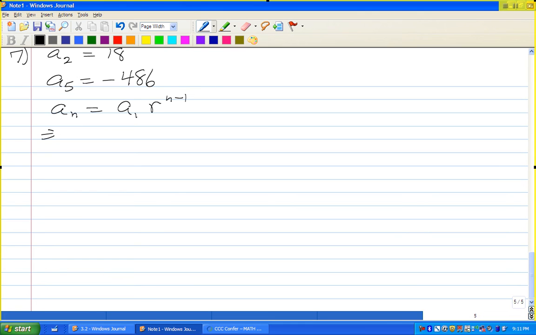Therefore, a sub 5, which is negative 486, is a sub 1 r to the 5 minus 1.